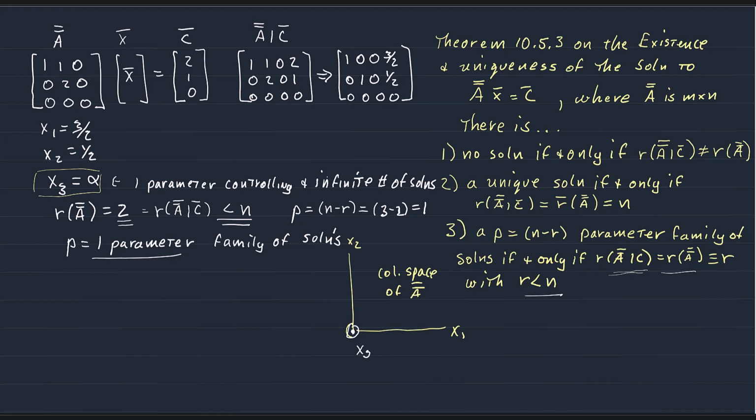And I'm going to show the x3 axis pointing up with a circle with a hole in it, as if you're looking at the tip of an arrow.